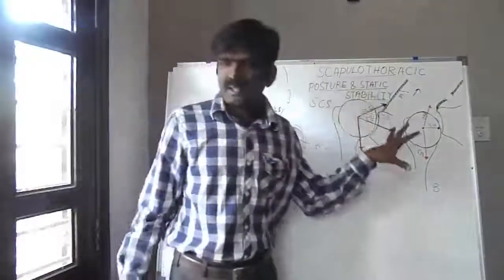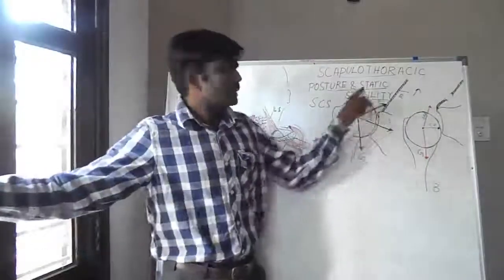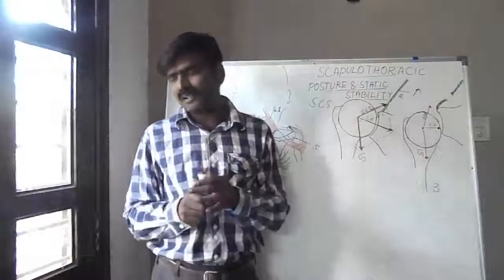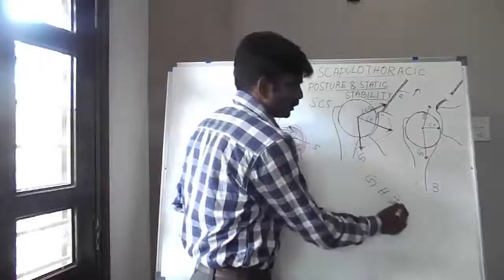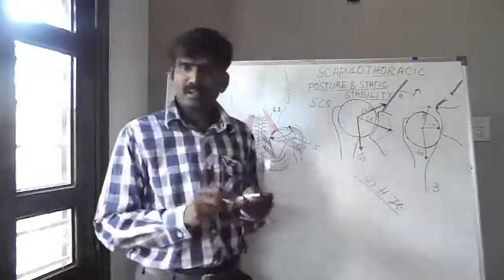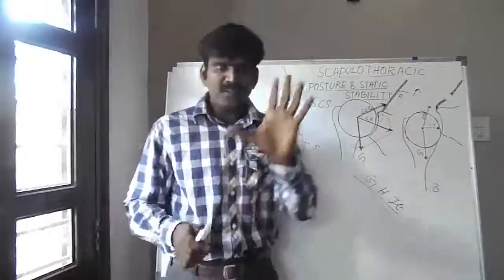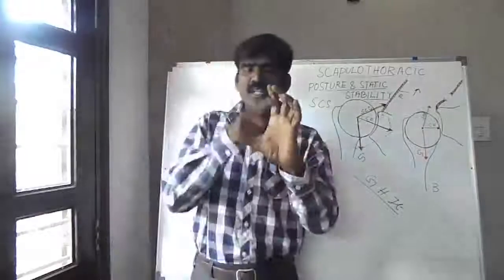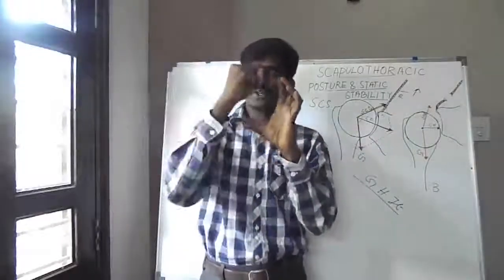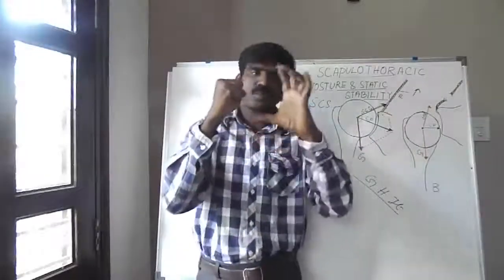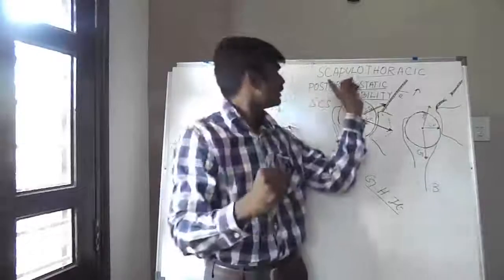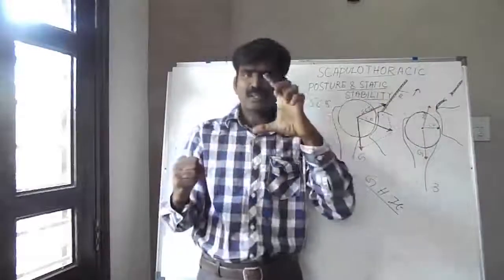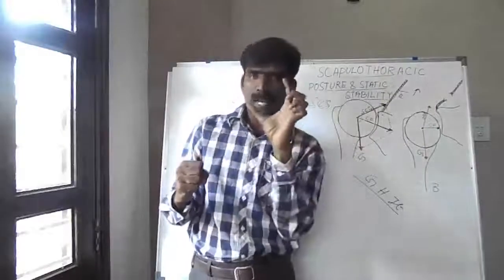So this static stability is partly by the glenohumeral joint itself. See this, imagine this is the glenoid cavity and this is the humerus. Clear? So in scapulothoracic posture, the glenoid cavity faces slightly upward.